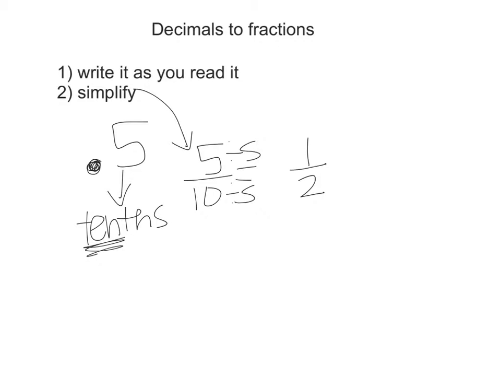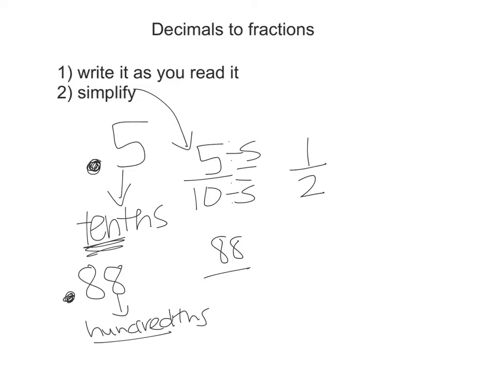If I have .88, I have 88, and the second spot behind the decimal is hundredths. So that's 88 over 100. I can divide these both by 4, and that is 22 over 25.